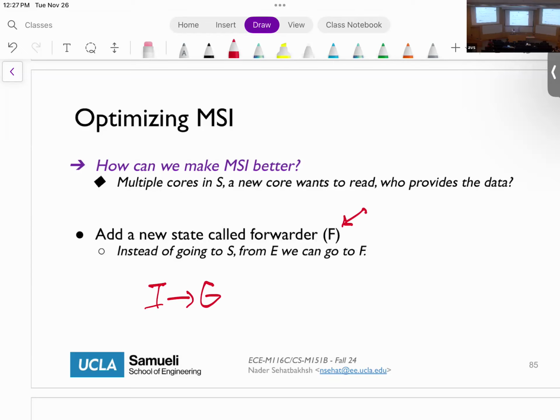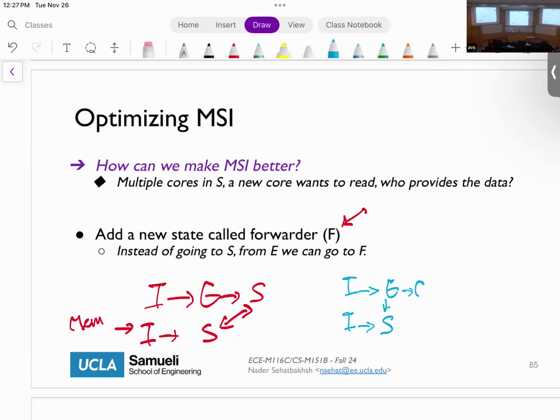Then if you're in E and there's another core that wants to read, remember I told you that in the past you will go to S, and this one also goes to S. And in this case, this one has to read from memory. So with F, what will happen is that you have I, you go to E, and then this is I. This one wants to read. This one still goes to S, but this one will provide the data and goes to F.